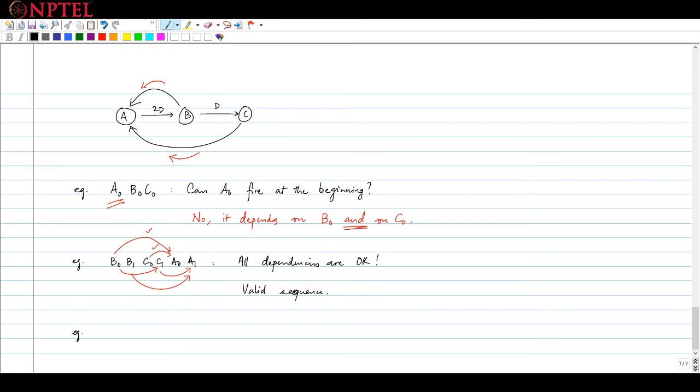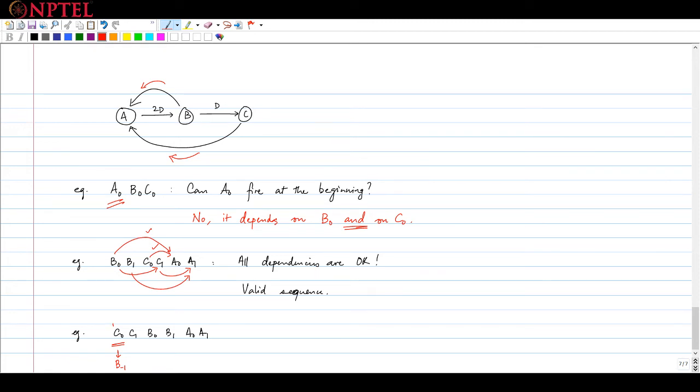What about the third option that we had as part of the question? It was basically saying C0, C1, B0, B1, A0, A1. Okay. Now let me look at C0. Does it have a dependency? Yes, on B of minus 1, which is available.